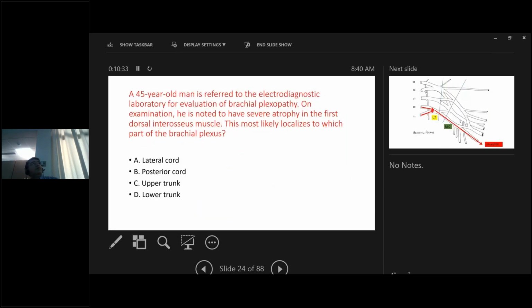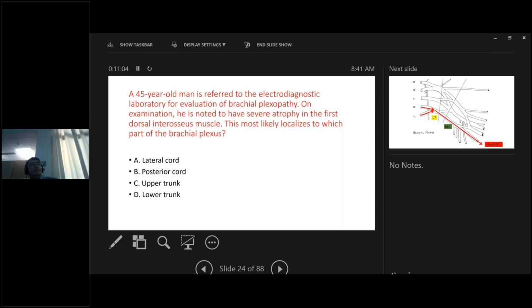Anybody here from the audience, Musab? Can you hear Musab when he reads the question? A 45-year-old man is referred to the electrodiagnostic laboratory for evaluation of brachial plexopathy. On examination, he is noted to have severe atrophy in the first dorsal interosseous muscle. This is localized to which part of the brachial plexus?